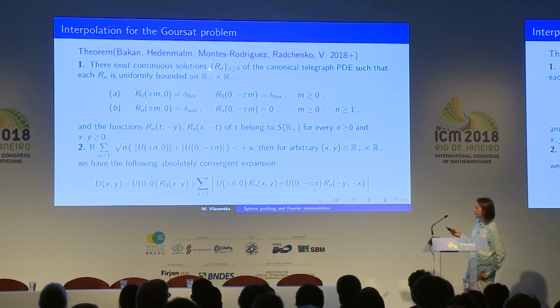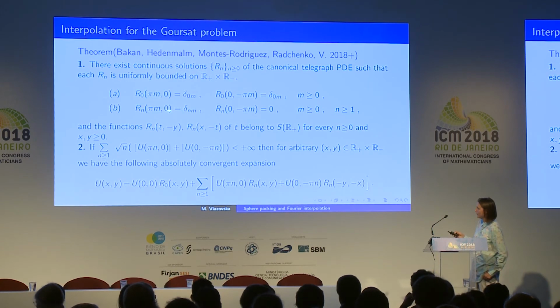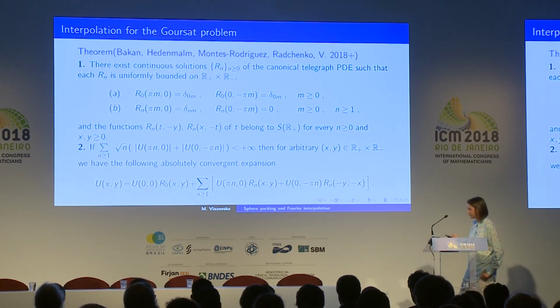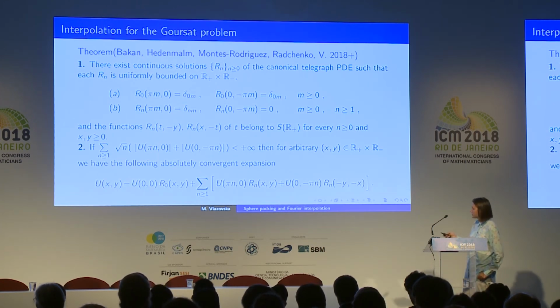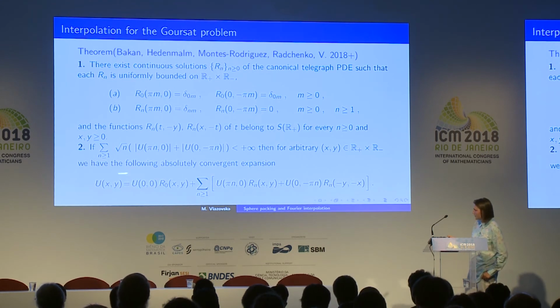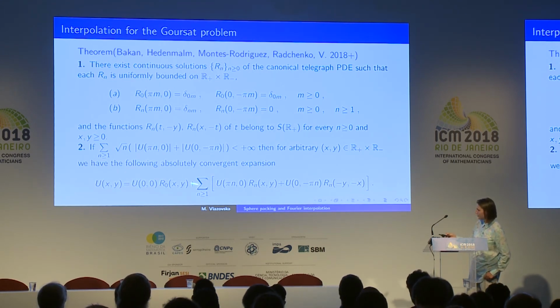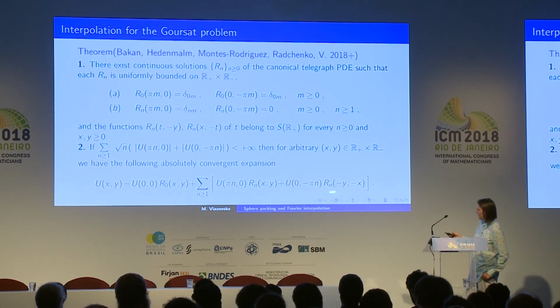Each of the functions Rn vanishes at all but one of our lattice points on the cross. Moreover, if y is a solution of the telegraph equation and satisfies some boundedness conditions, then it can be uniquely interpolated from its values at those points, and the functions Rn are used as interpolants.